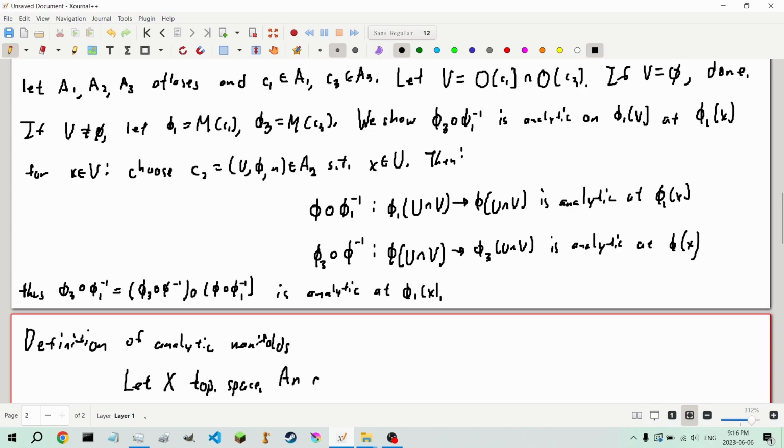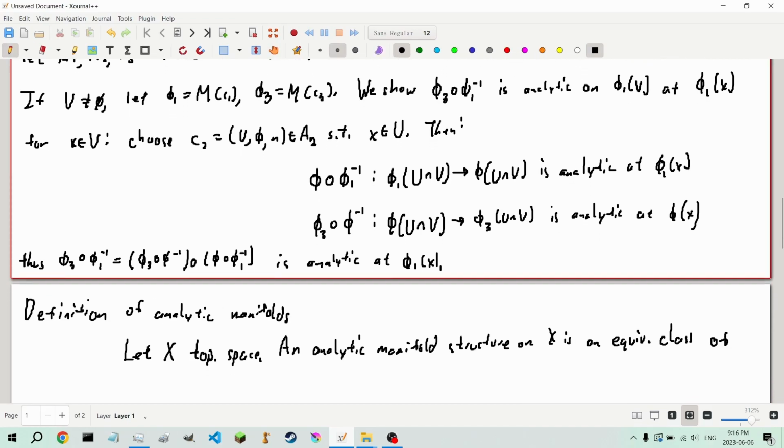An analytic manifold structure on X is an equivalence class of compatible atlases on X. Which, I mean, is kind of straightforward enough if you know what's meant to be going on here, but let's give an alternative definition.